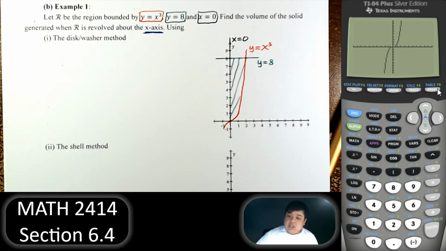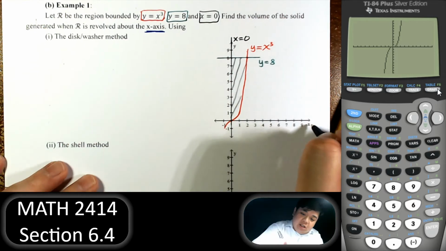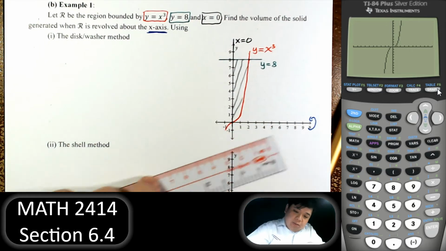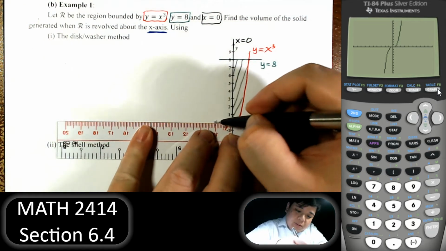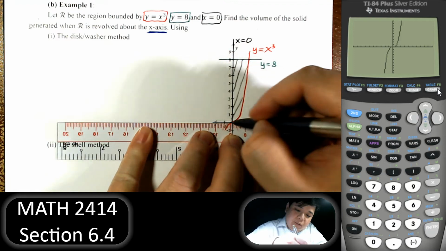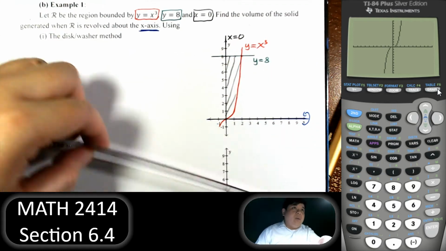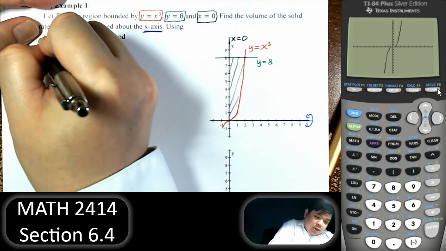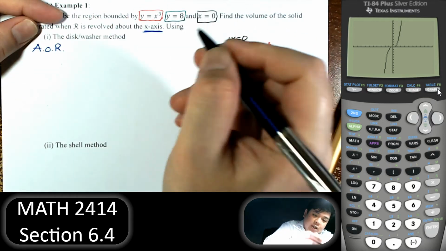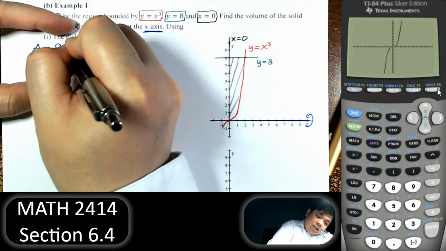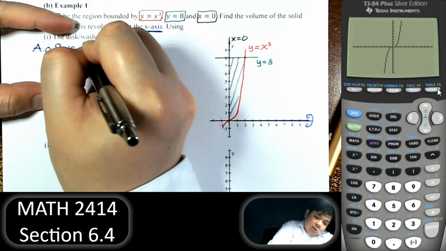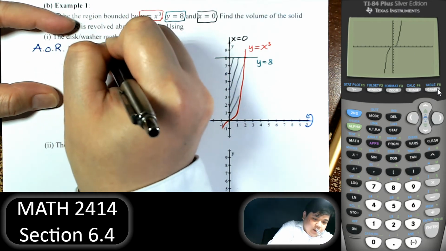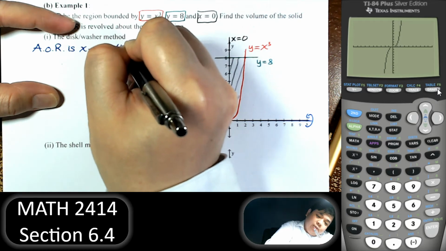Right, the axis of rotation is the x-axis, which is horizontal.